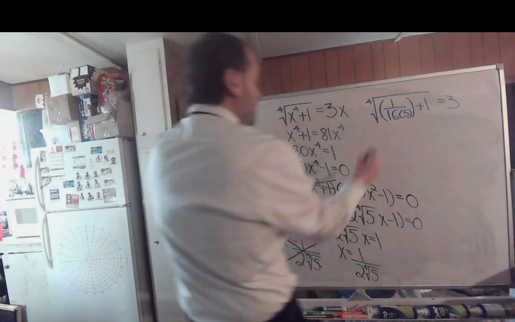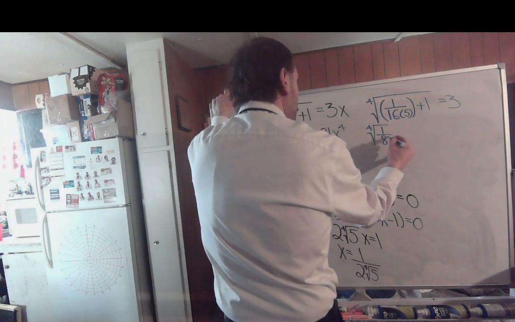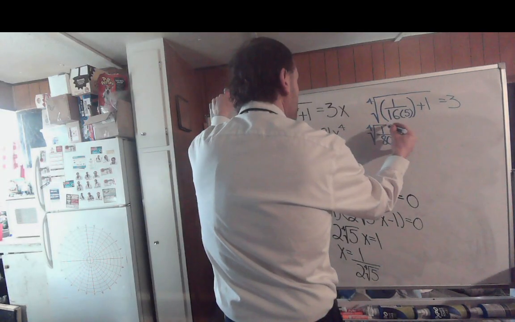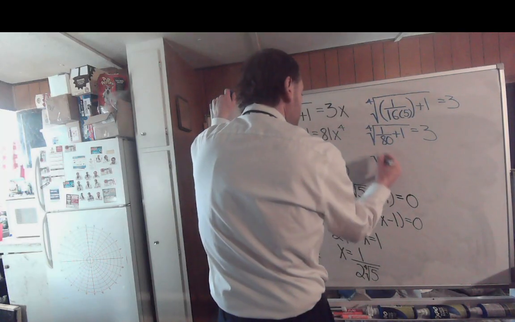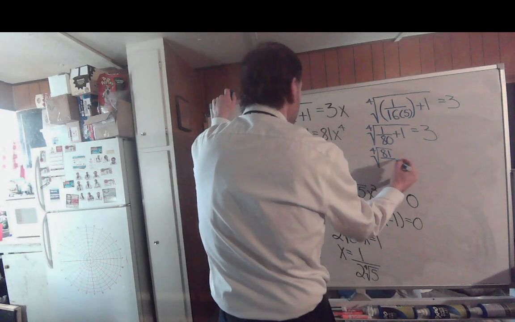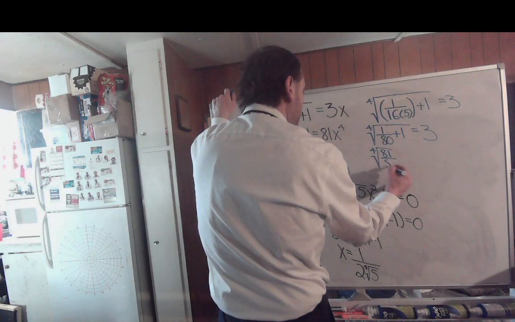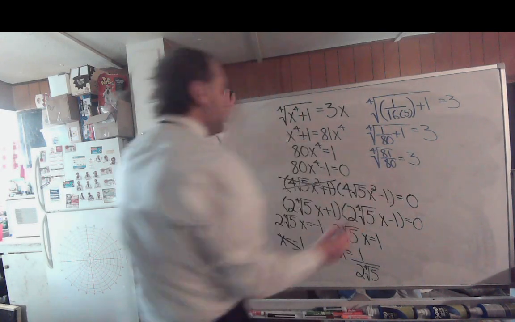Well, this would turn into the fourth root of 1 over 80 plus 1 would equal 3. So then you'll have the fourth root of 81 over 80 equal to 3.